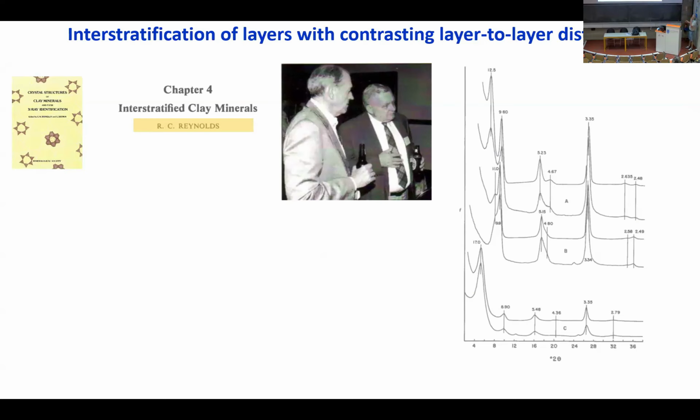These were examples performed at the time, still in the same book by Bob Reynolds, here with Dewey Moore. You can see that they have compared what they measured from their sample to what they calculated from the sample. And you can see that in some cases it's working, in some cases it's not. Here you have additional peaks that are not present.